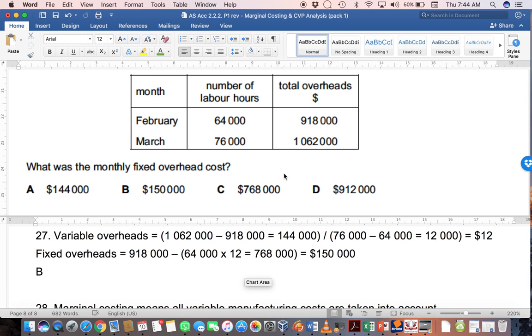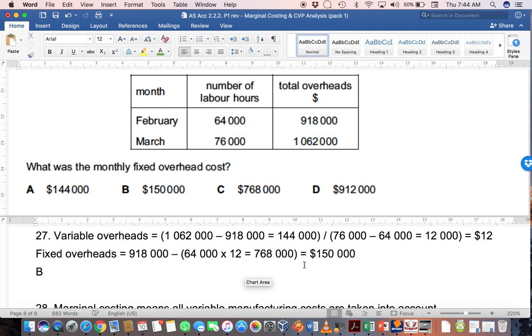So firstly, we will look at the difference between our total overheads, the difference between the 1,062,000 and the 918,000 to get 144,000 as the variance in total overheads. And then look at the variance in the number of labor hours. In other words, 76,000 minus 64,000, which gives you 12,000. If you divide, you can then see that the variable cost is going to be $12 per labor hour.